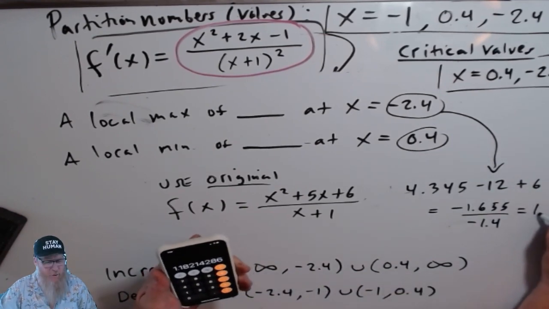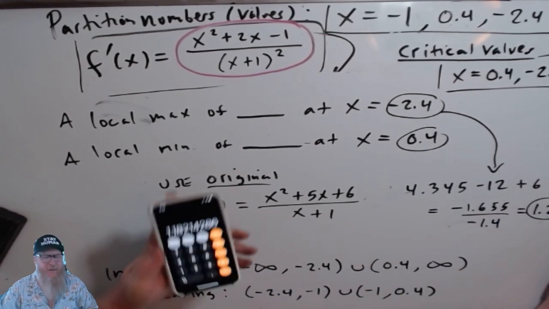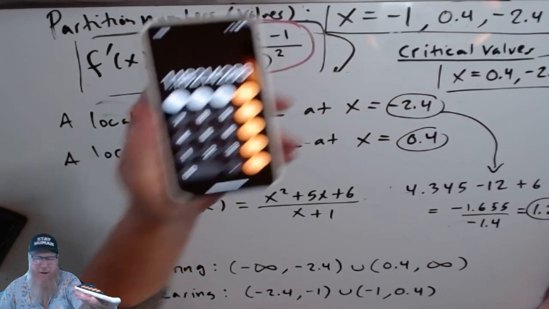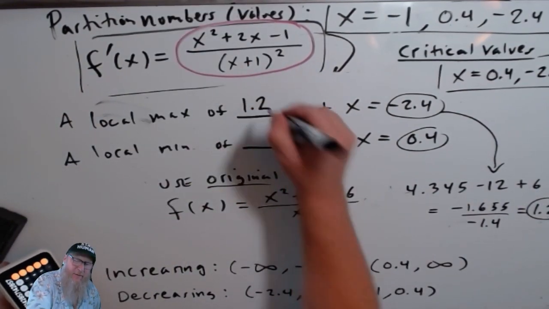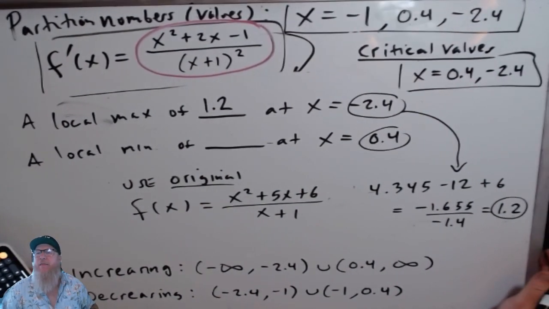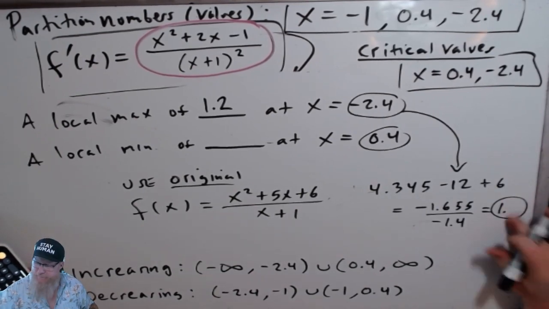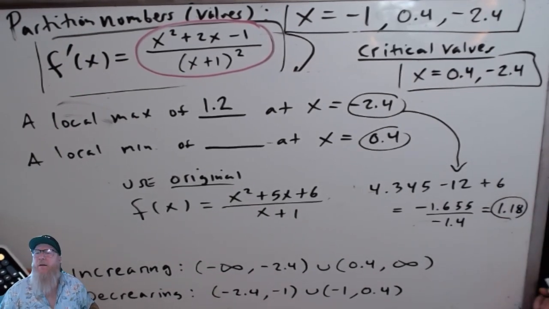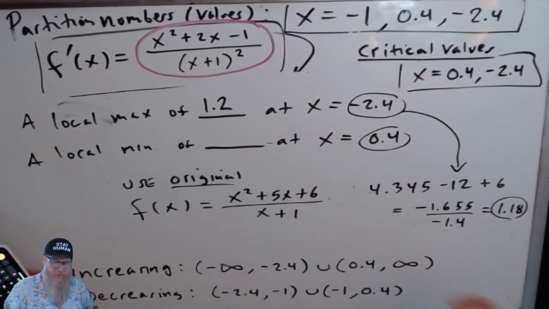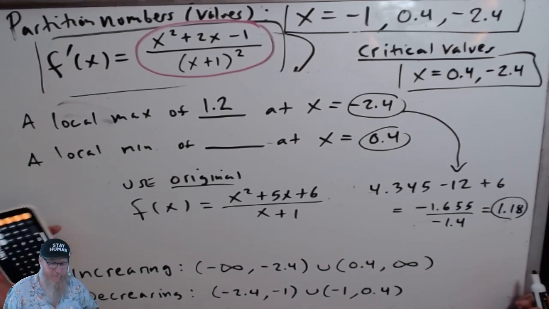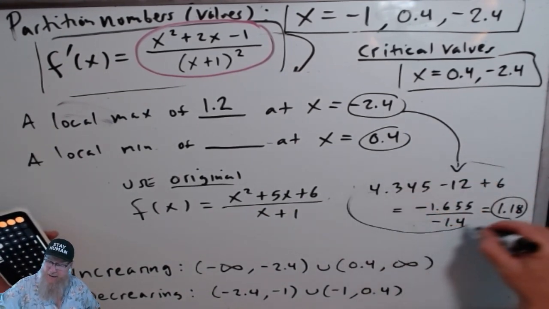And so that's 1.2. It's actually 1.18, but I'm rounding to the nearest tenth. I rounded that to 1.2. So that was this one.